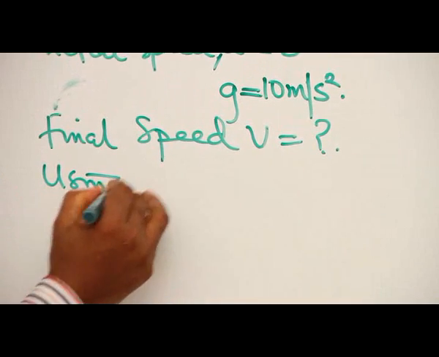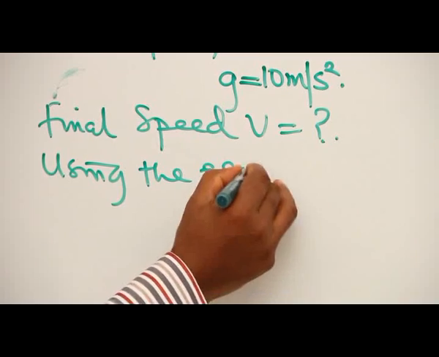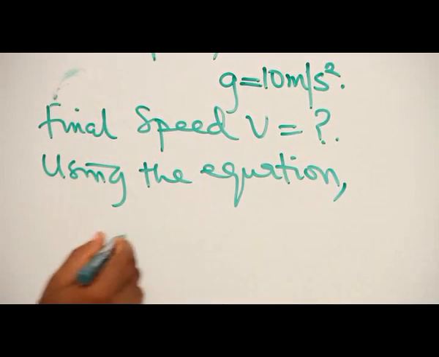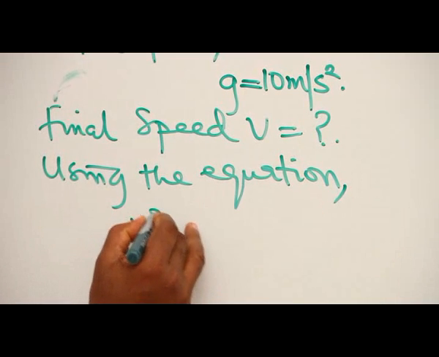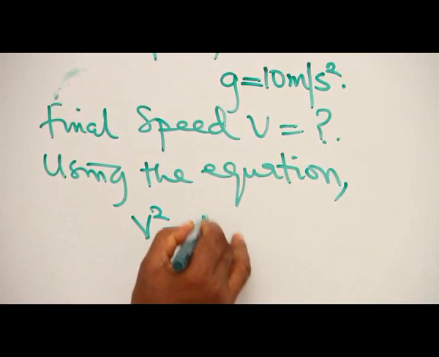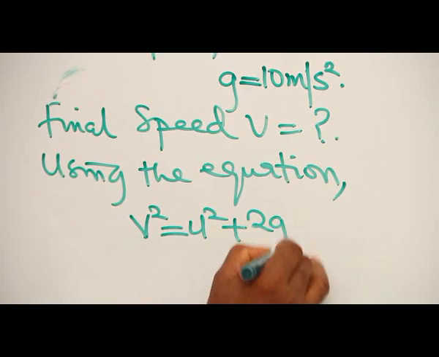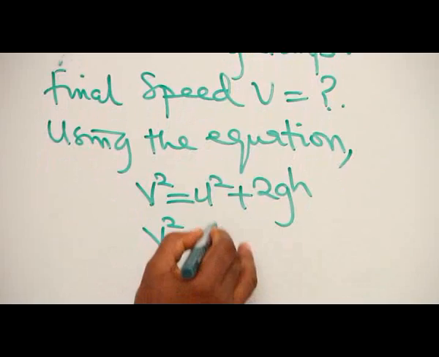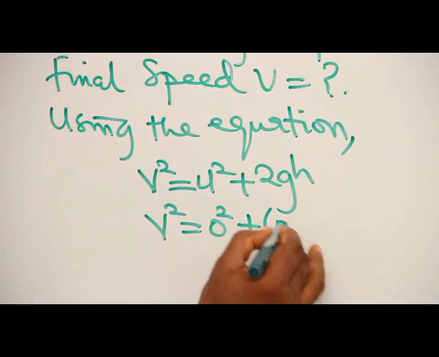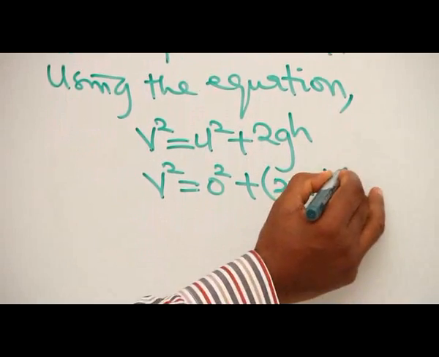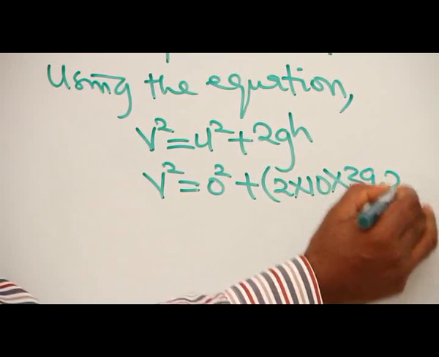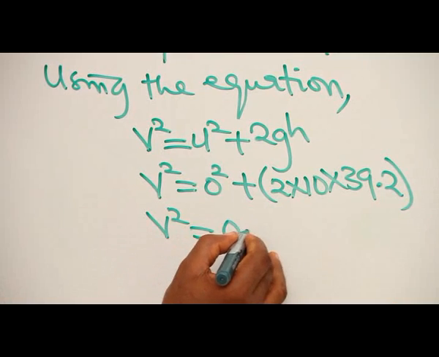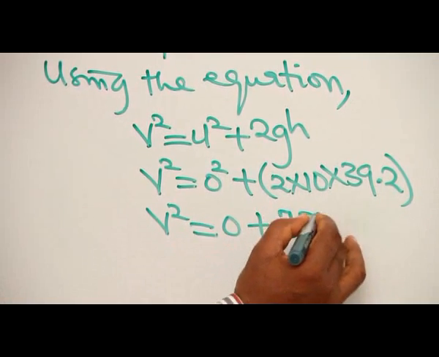Using the equation for free fall, v squared equal to u squared plus 2gh. v squared will give us 0 squared plus 2 times 10 times 39.2. v squared will give us 0 plus 784.